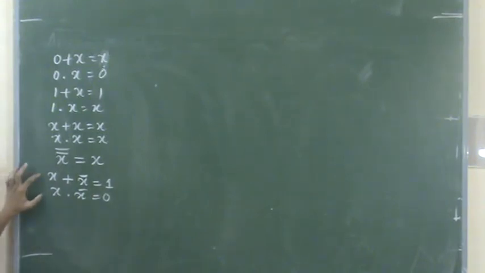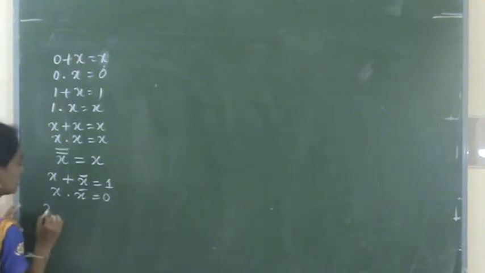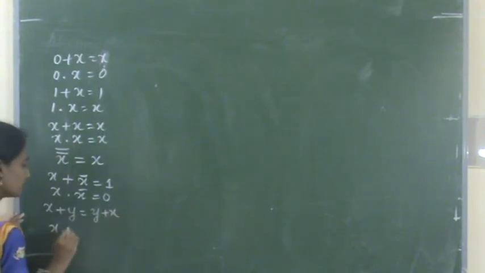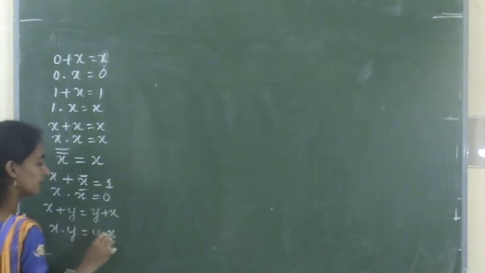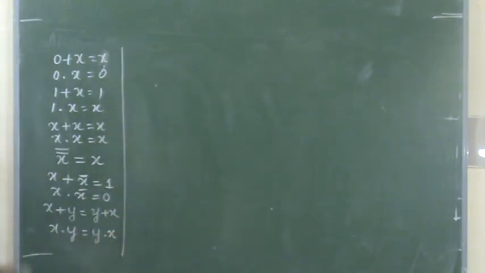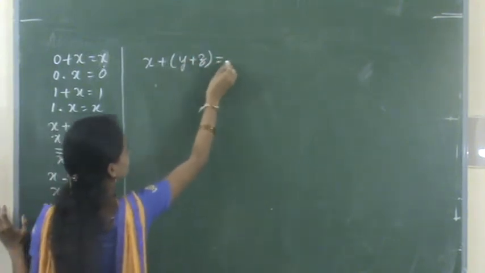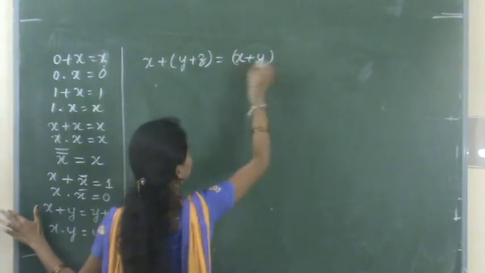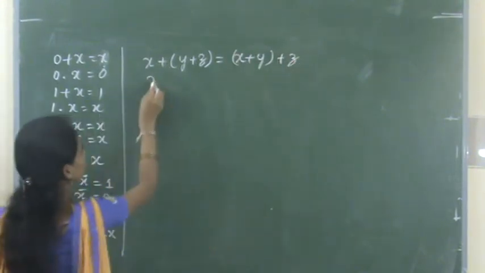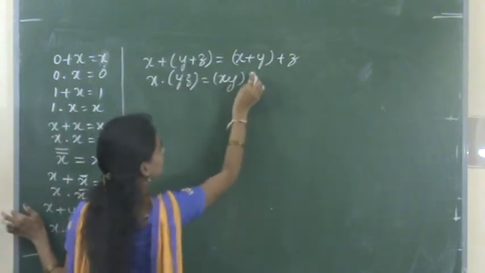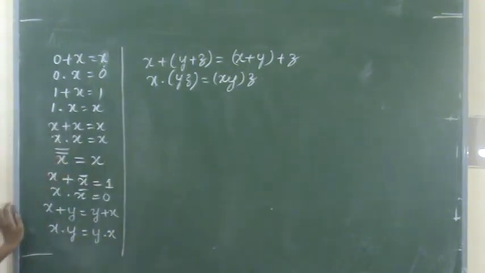After that we studied the commutative law, that is x plus y is equal to y plus x and x into y is equal to y into x. After commutative law we studied the associative law, that is x plus y plus z is equal to x plus y plus z grouped differently, and x into yz equals xy into z.